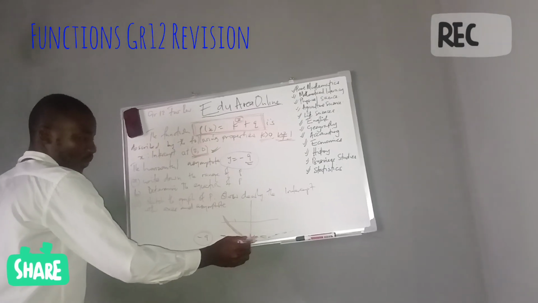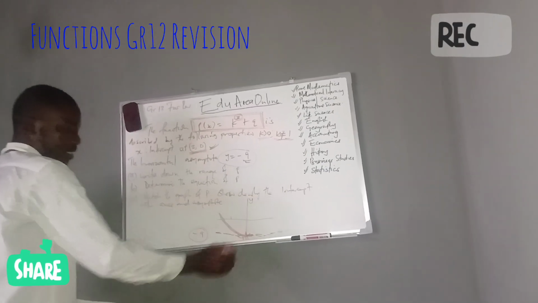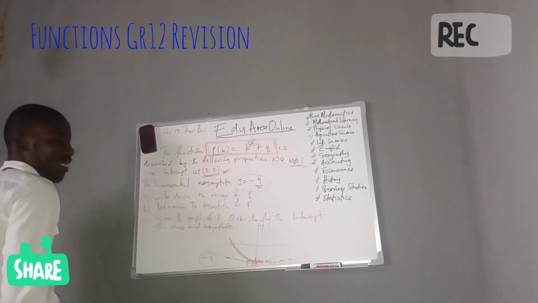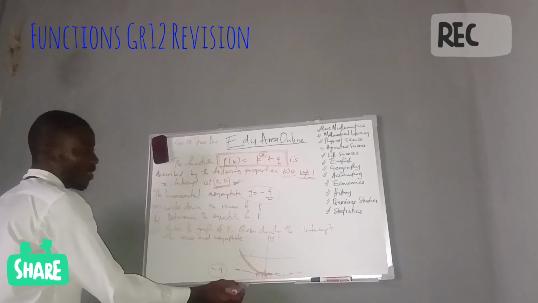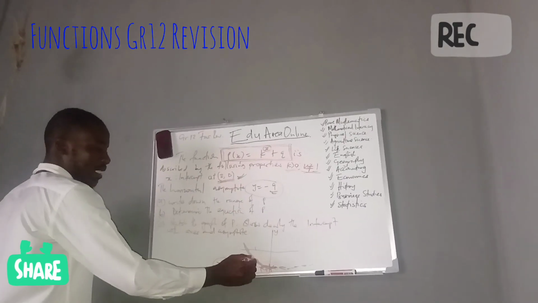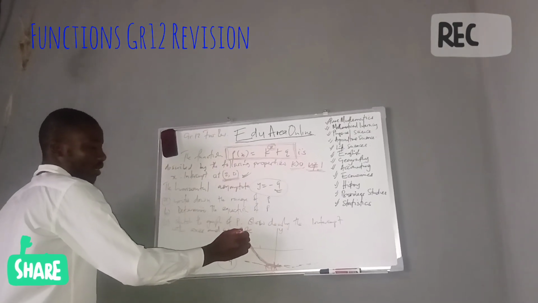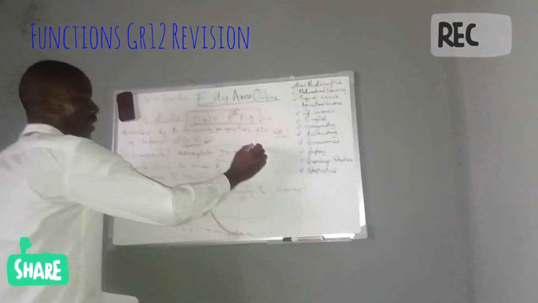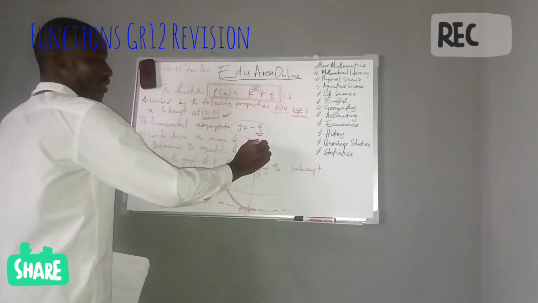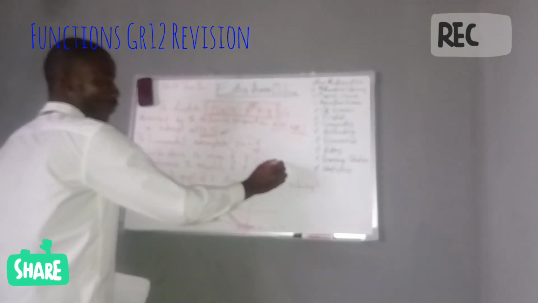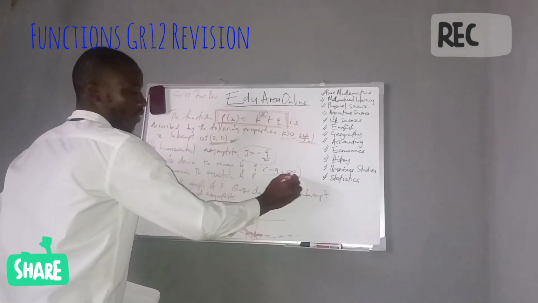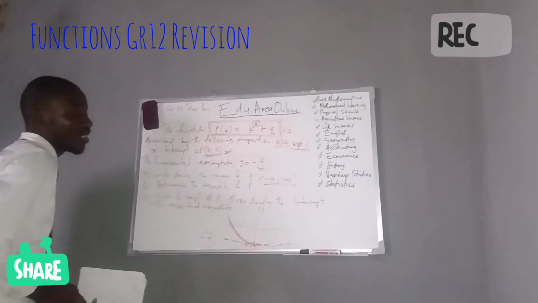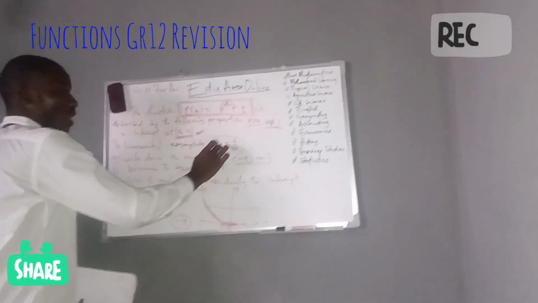So this is horizontal. But we know that our y-axis is vertical, and it is the one that is carrying y equals minus 9. So I think the minimum point on the graph is minus 9, right? But as our graph grows on, we are not given the limit. So that makes our range minus 9 to positive infinity, because we are given the minimum point on the graph, which is given by the horizontal asymptote y equals minus 9.